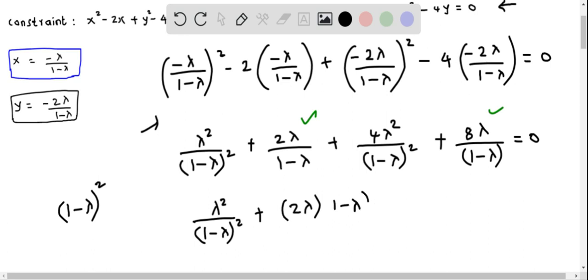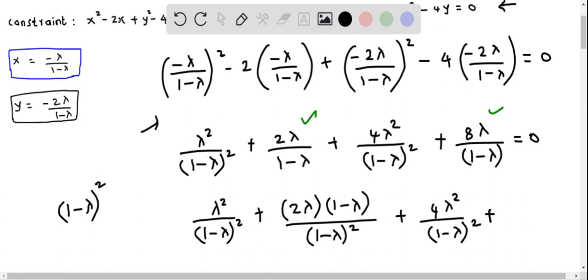So this will become 2 lambda times (1 minus lambda) in the numerator, and in the denominator, multiplying 1 minus lambda by 1 minus lambda one more time, I get (1 minus lambda) squared. Then plus 4 lambda squared, which already has the common denominator (1 minus lambda) squared, so we don't have to multiply this. Similarly, for the last term, we multiply 8 lambda by 1 minus lambda, in both the numerator as well as the denominator, so the denominator becomes (1 minus lambda) squared, and this equals 0.